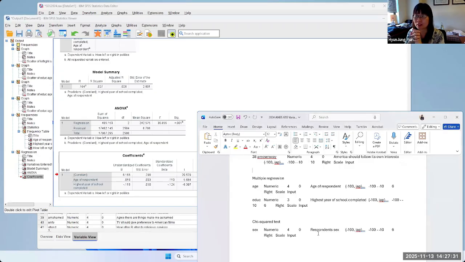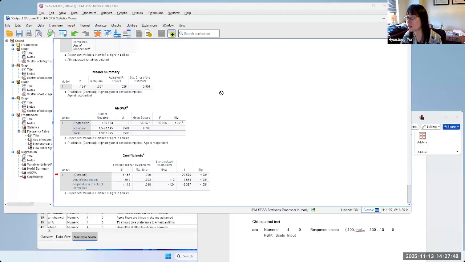We oftentimes predict that males are more likely to be affiliated with the Republican Party, and females are more likely to be affiliated with the Democratic Party. Let's see whether there's some association in the national data.